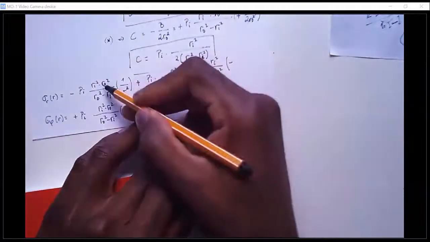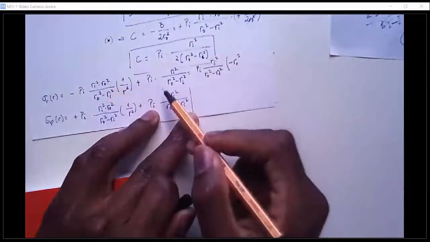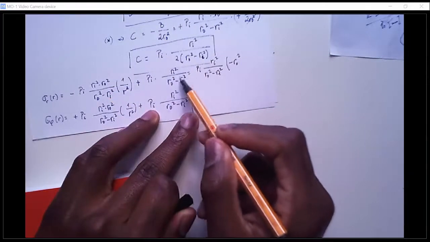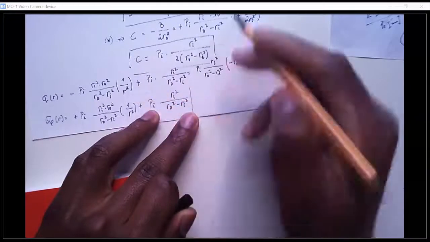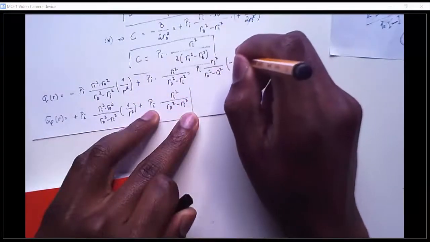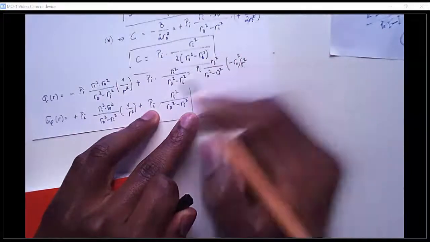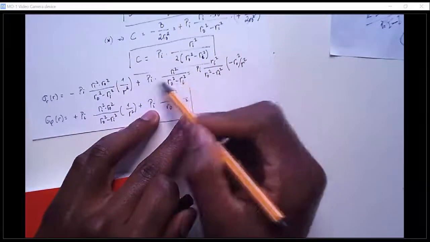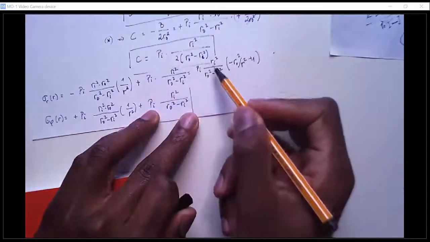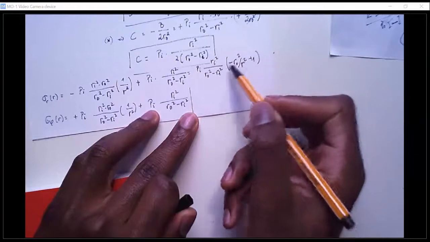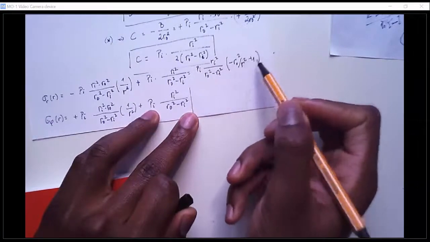Minus RO squared for the first part, and for the second part, we also have the 1 divided by R, so minus RO squared divided by R squared, the actual variable, plus 1. Because from the second term, we've already factorized everything. So this time, in the brackets, minus RO squared divided by R squared plus 1.